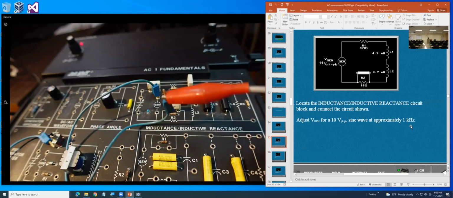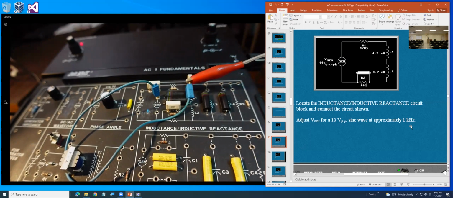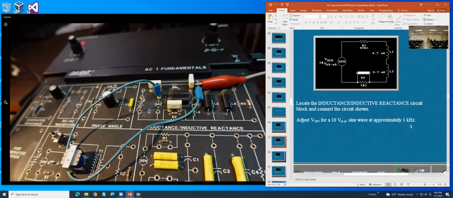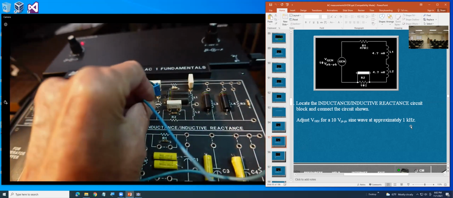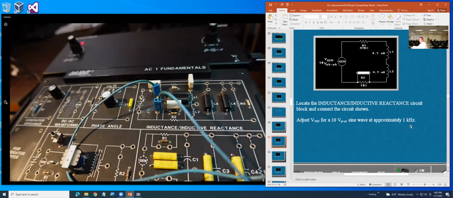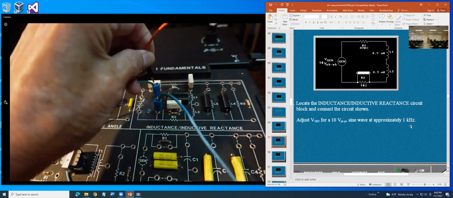Then I also have to connect the generator root into the root. Then I connect the oscilloscope channel 1 to the generator.